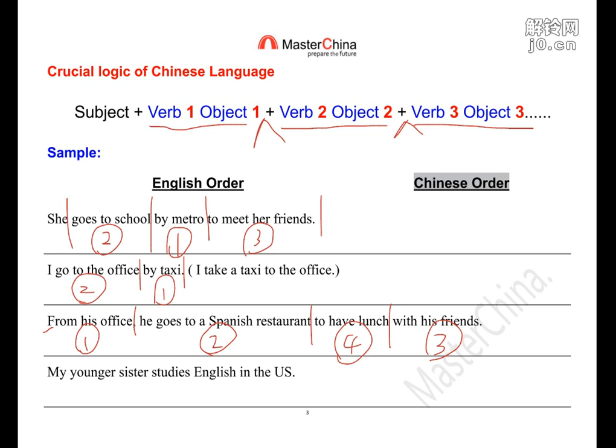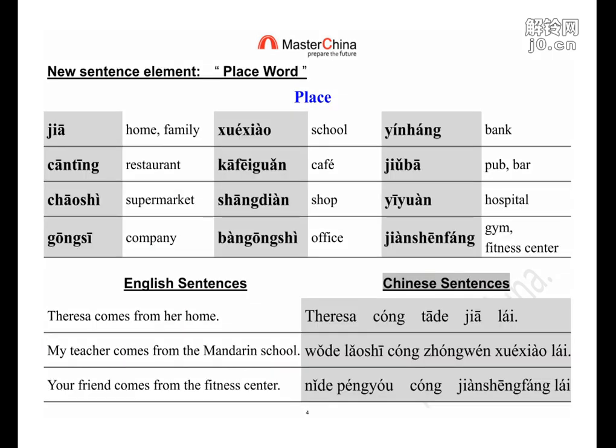You should notice that in these 4 example sentences, we already use lots of new words for place. So we should get more expressions, more vocabulary of place. This is just a place, not a place word in the sentence. Let me make clear first.